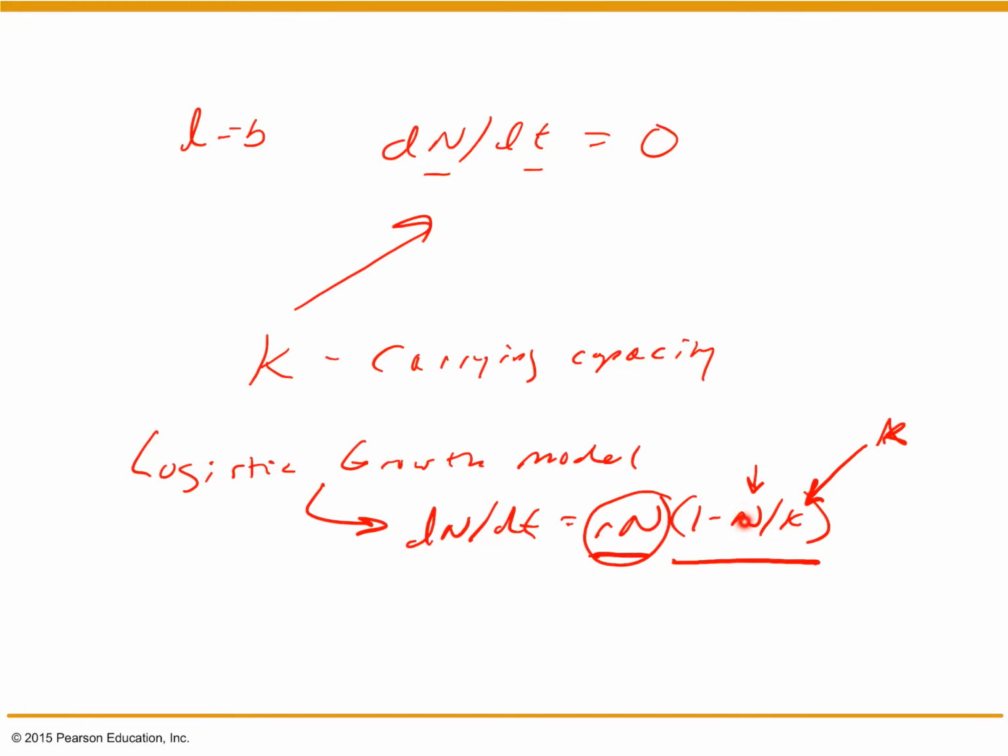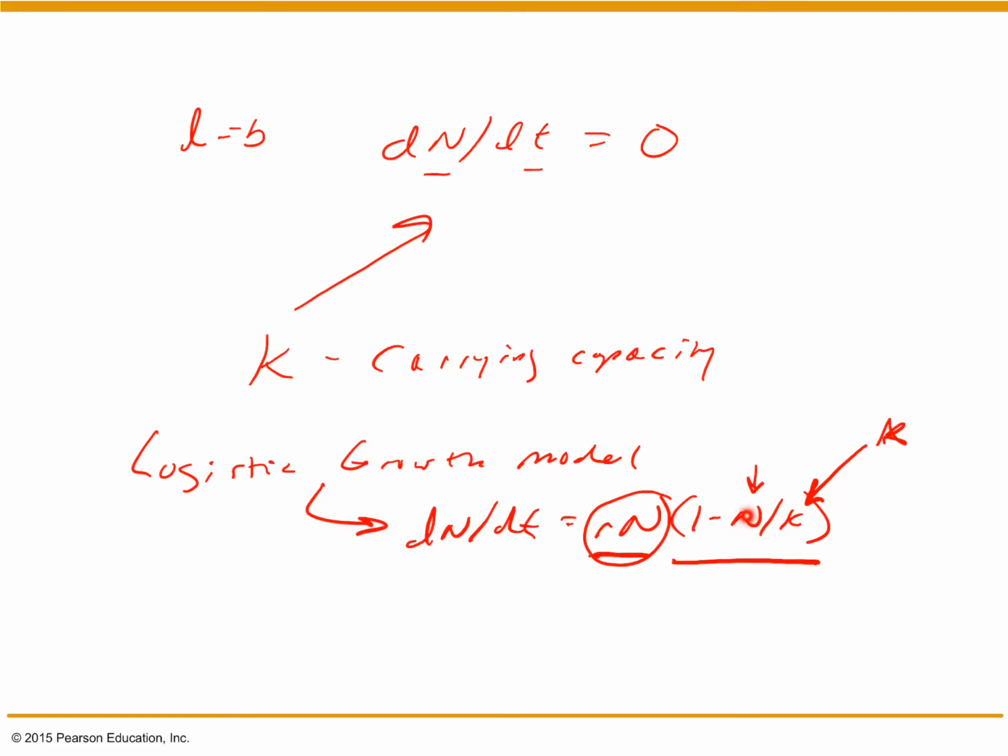Now, as N gets larger, you divide N by K, and then subtract that from 1, and you get a number closer to 0. So as N approaches K, the term approaches 0, gets smaller as N gets bigger, and that should result in slowing population growth.